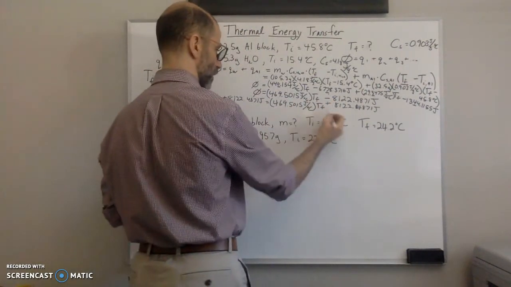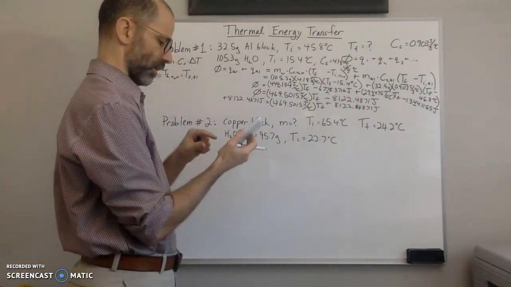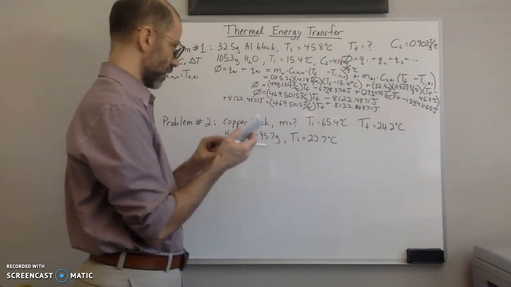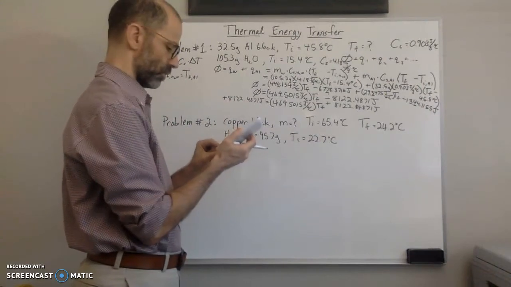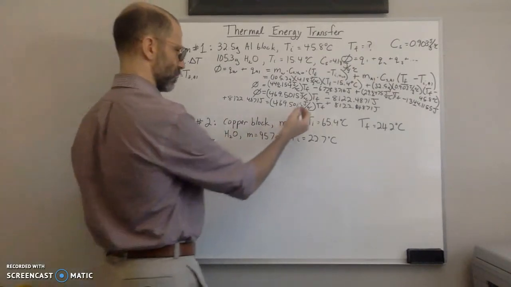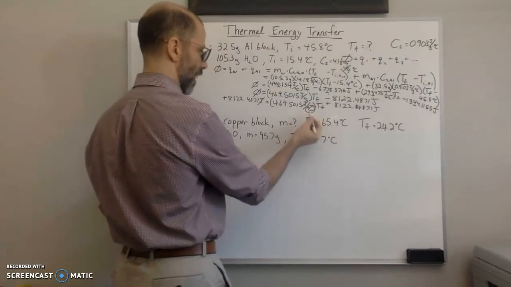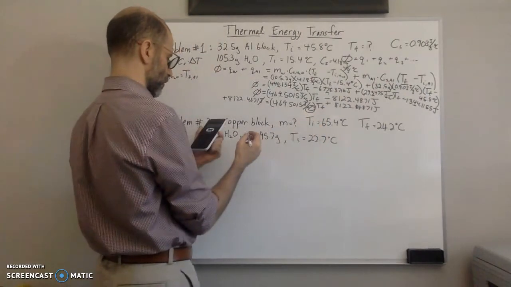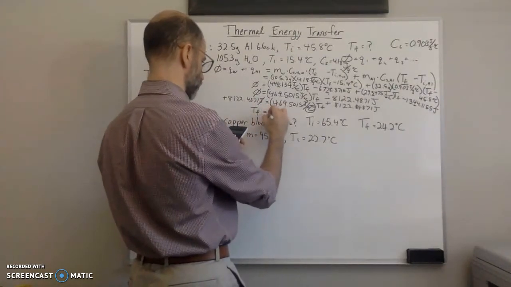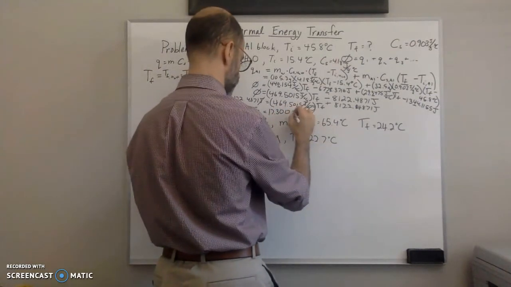Then you divide both sides by 469.5015 joules per degree Celsius. When you divide, the joules cancel out and you're left with degrees Celsius on top. So the answer you end up getting is TF, the final temperature, is equal to 17.300, and so on, degrees Celsius.